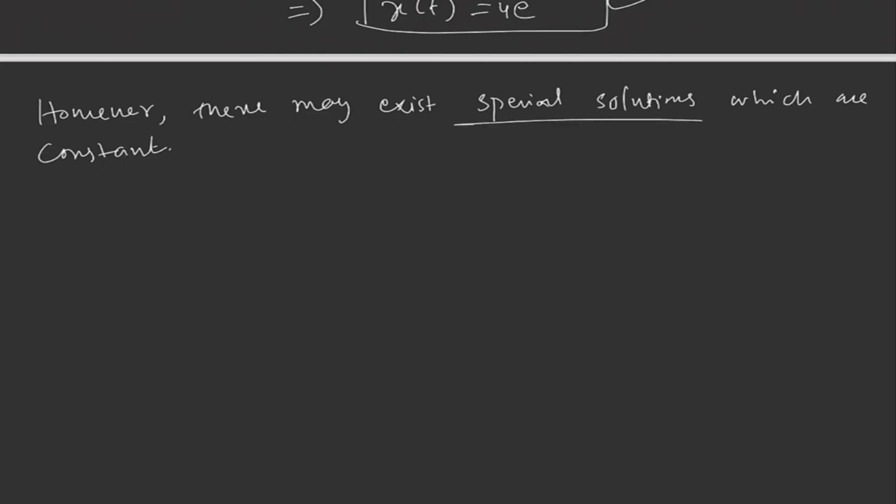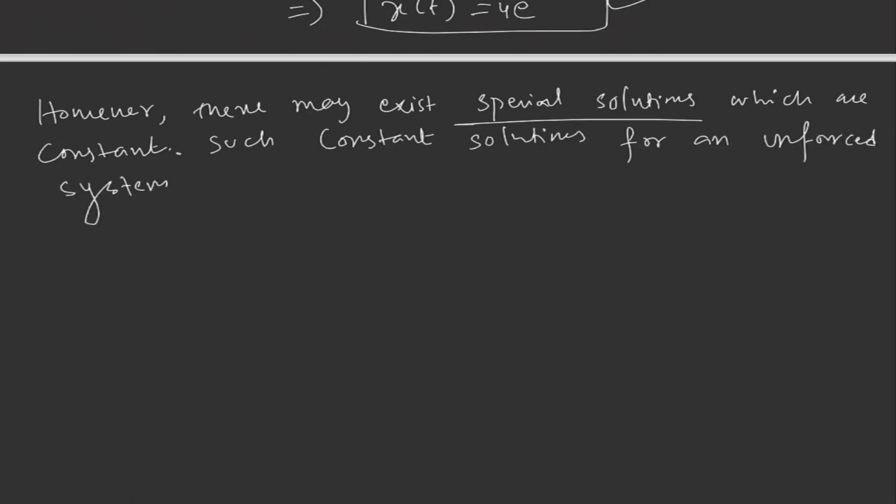There are special solutions, and such constant solutions for an unforced system are called equilibrium points.